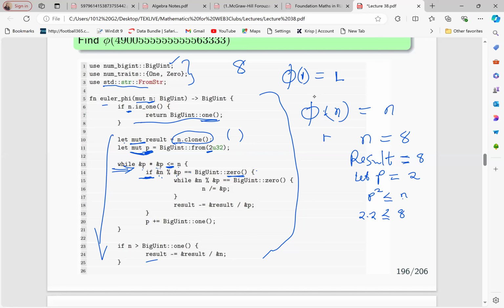That means in cases where n divided by p does not give a remainder of 0, you don't proceed in this loop. You only go in if p gives you a remainder of 0. Let's check here.